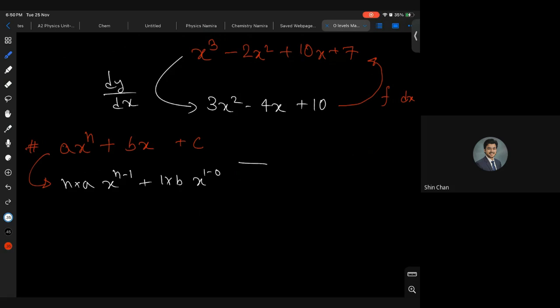I had to, at first, multiply the power with the coefficient of x, right?